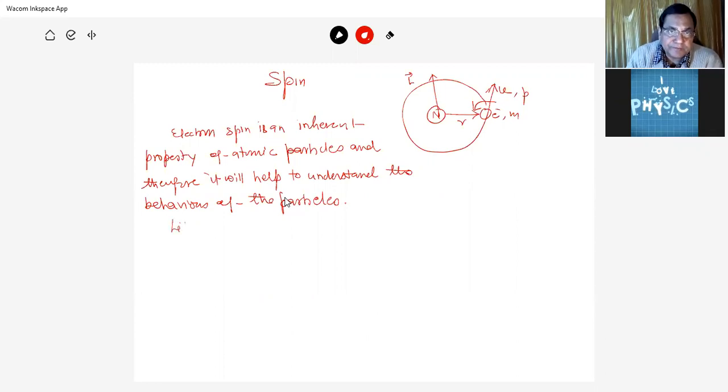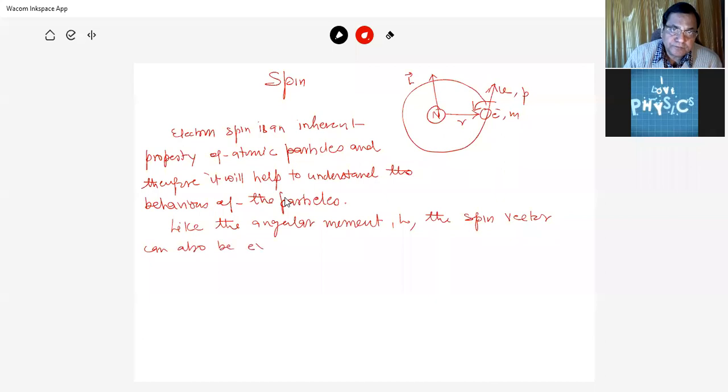Like momentum, the angular momentum Lx, the spin vector can also be expressed as Sx, Sy.